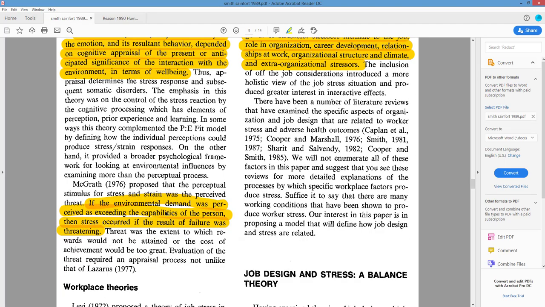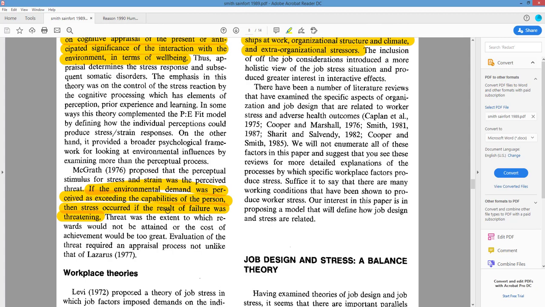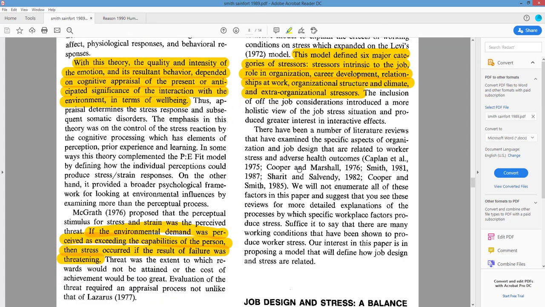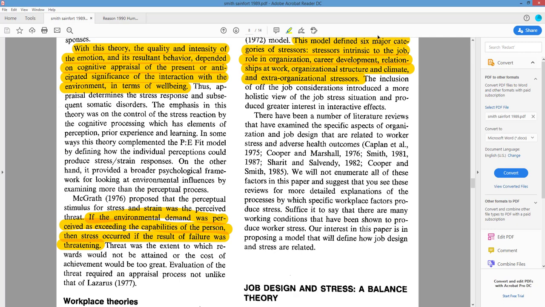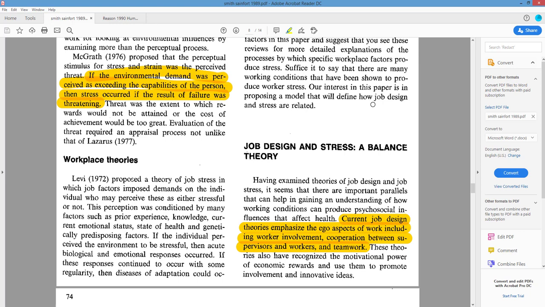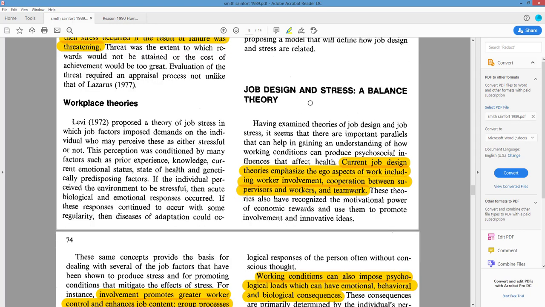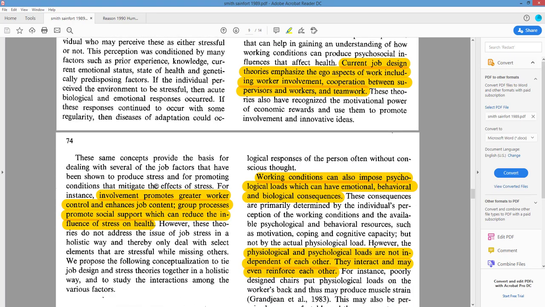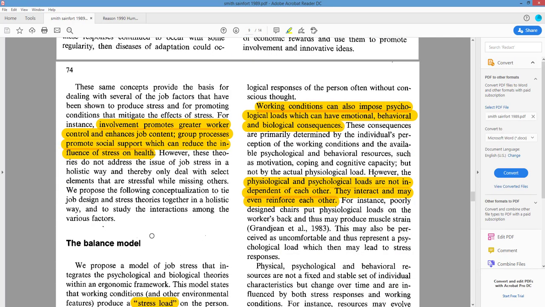Let's see. Getting more into workplace theories. It talks about different types of stressors that are on people, and it's getting a little bit more modern with it. We're in the 70s now. And then they introduce what they propose as the work system model and what it's supposed to do.